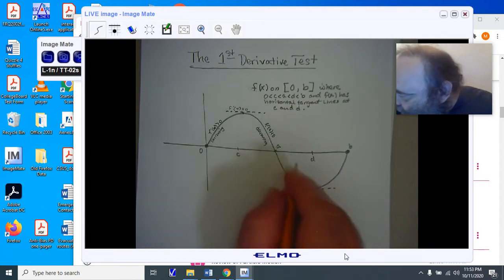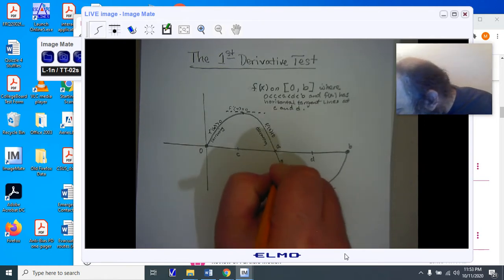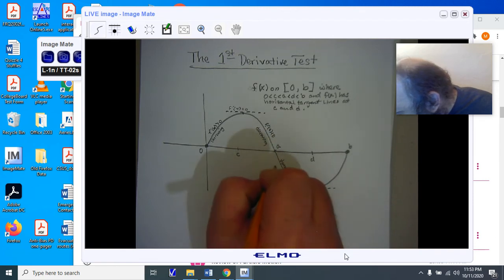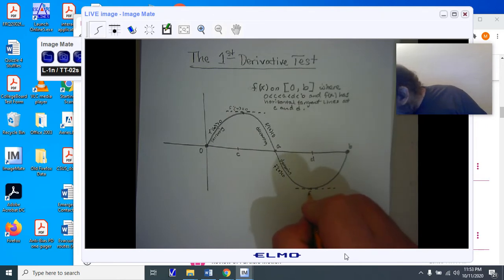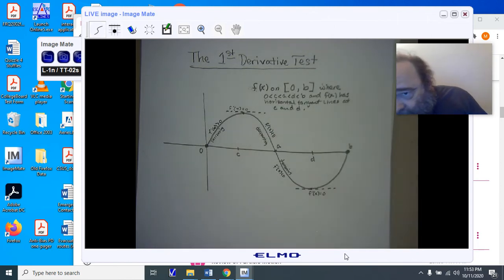Notice in this situation, we have decreasing, f prime of x is less than 0. Critical value is right here. F prime of x is equal to 0 at d. Once again, identified by the horizontal tangent line that's provided to us.